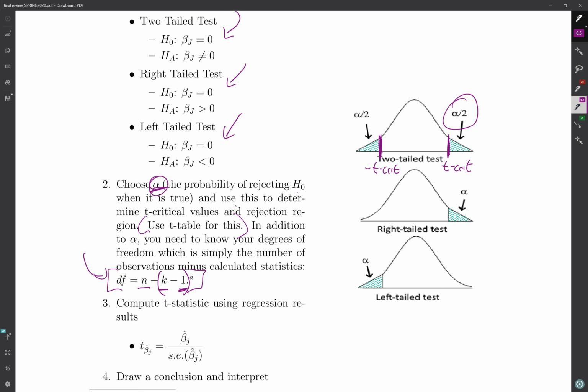If we're doing a right-tailed test, all of the probability mass is on one side, and if we're doing a left-tailed test, it's on the other side. So in the two-tailed test we're splitting the probability mass between both sides, while for the one-tailed test, the right tail is on the right side and the left tail is on the left side. That's our second step, to set this up.